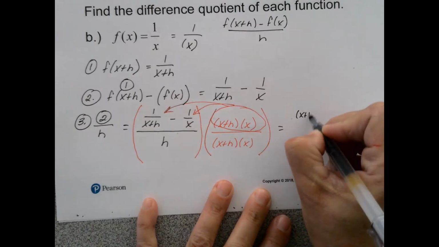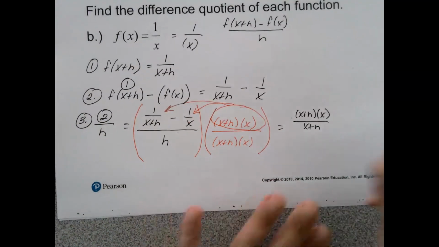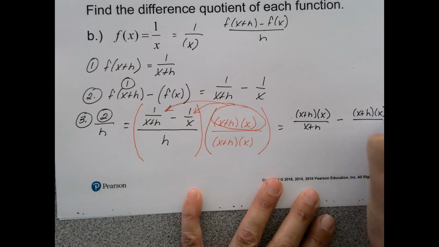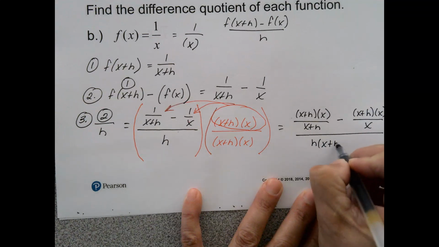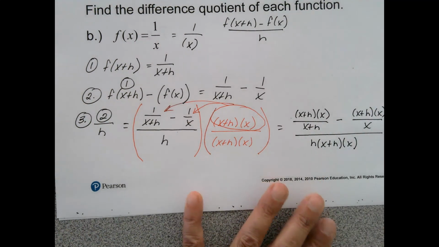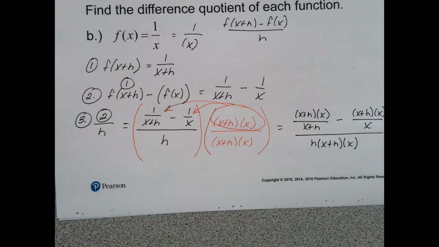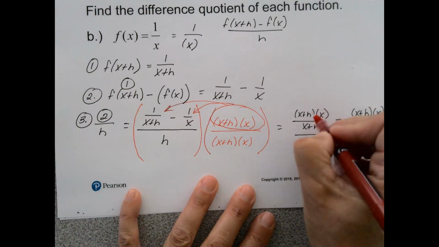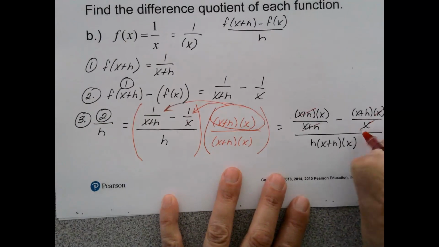So that's x plus h times x over x plus h, minus x plus h times x over x, all over h times x plus h times x. So everything got multiplied through by x plus h times x. Every single piece. But now everything up top is multiplied by x plus h and on the bottom, so those cancel. And it's the x over here that cancels.